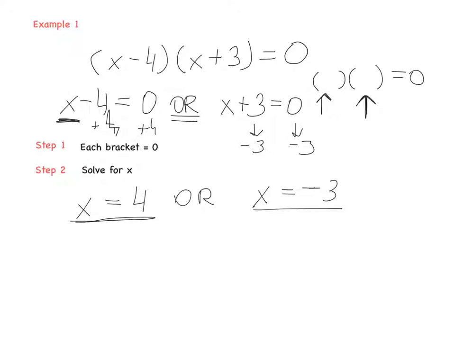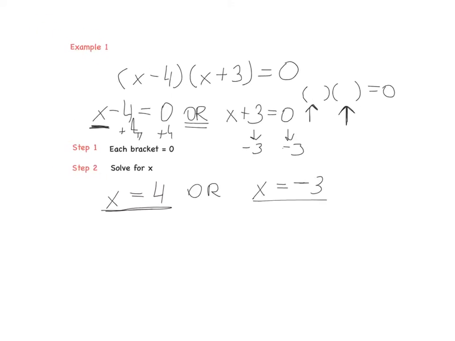And now we can check our answers, okay? How to do it? It's just simple substitution. Instead of x here, we write 4 the first time and minus 3 the next time. Let me show you how to do it. Let's make it a bit smaller.